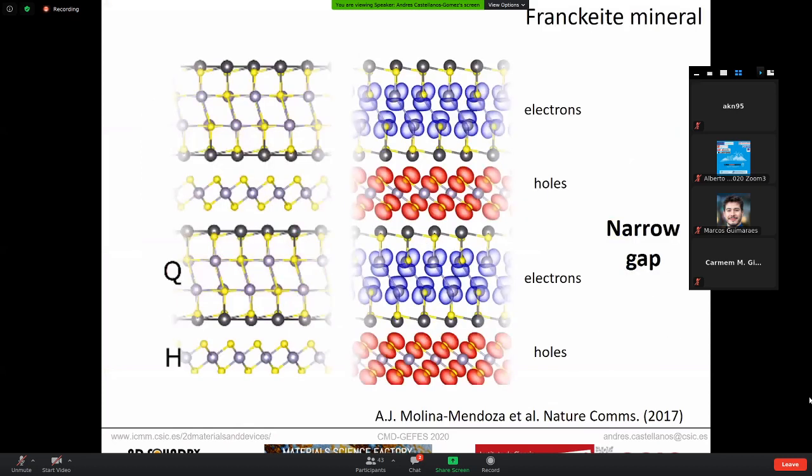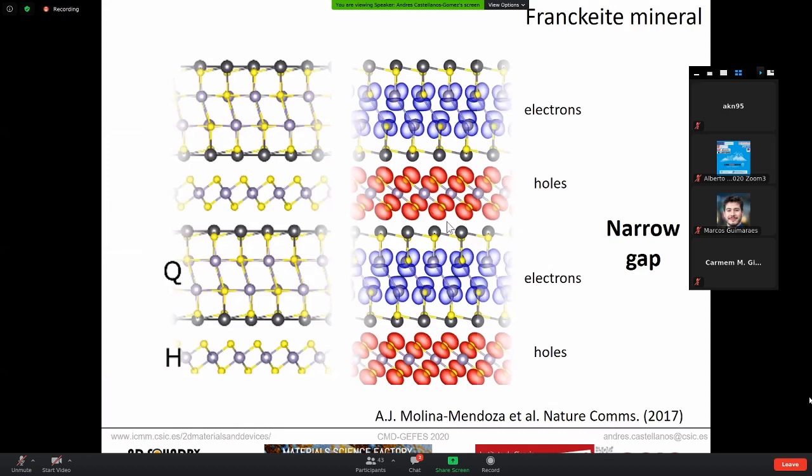And one of the first things that you have in this frankeite is, for instance, a very narrow bandgap semiconductor. If you calculate the band structure with DFT, you get a really narrow bandgap. And this is shocking because a monolayer tin sulfide has a bandgap of more than 2 electron volts. So this is already telling you that the superlattice is not just the sum of the two lattices.